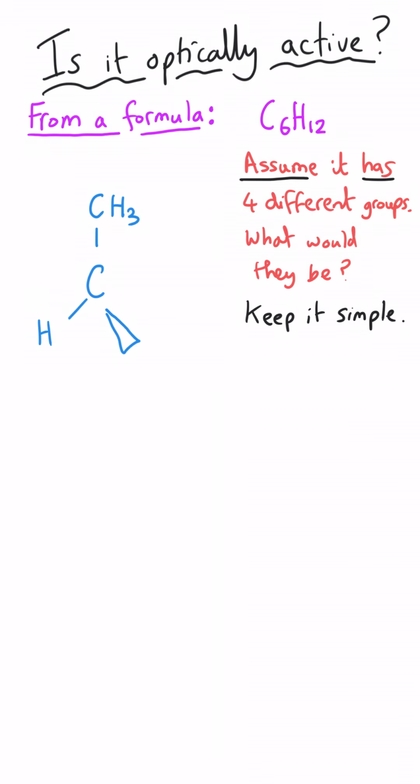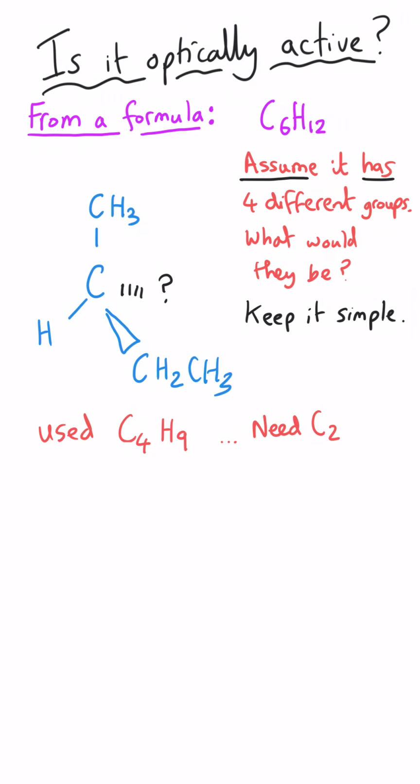And then if we put a CH2CH3 group, we're keeping it as simple as can be, and we're gradually adding more complexity as we work along. So if this was C6H12, what we're looking for is, what else are we missing? Well, I've used 4 carbons, so I need another 2. I've used 9 hydrogens, so I only need another 3.